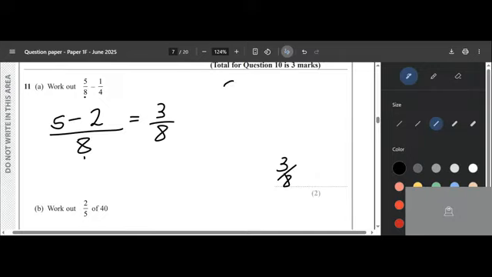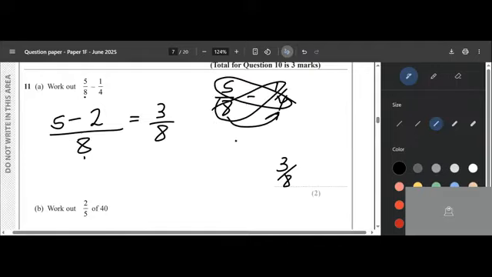Using the cross method, some students do use that, so they just cross this and they multiply the ones at the bottom. So we have 8 times 1, which is 8, and we have 4 times 5, which is 20.